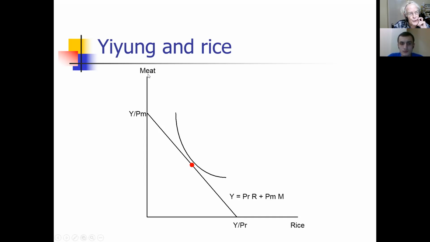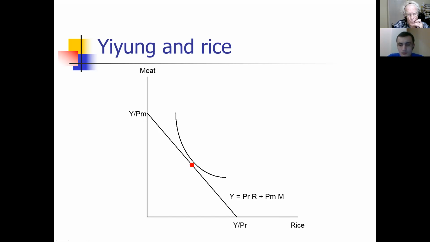Since the price of meat has not changed, this point remains the same as before, the same vertical intercept. And then we have the price of rice falling, so the horizontal intercept is moving out to the right.